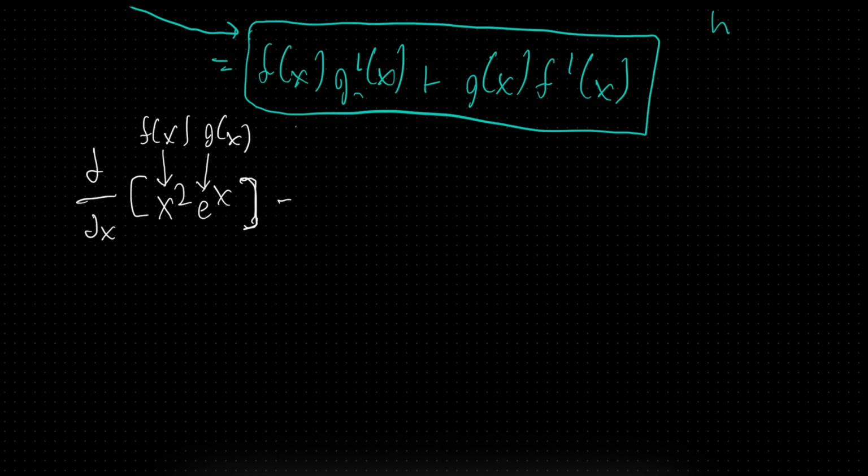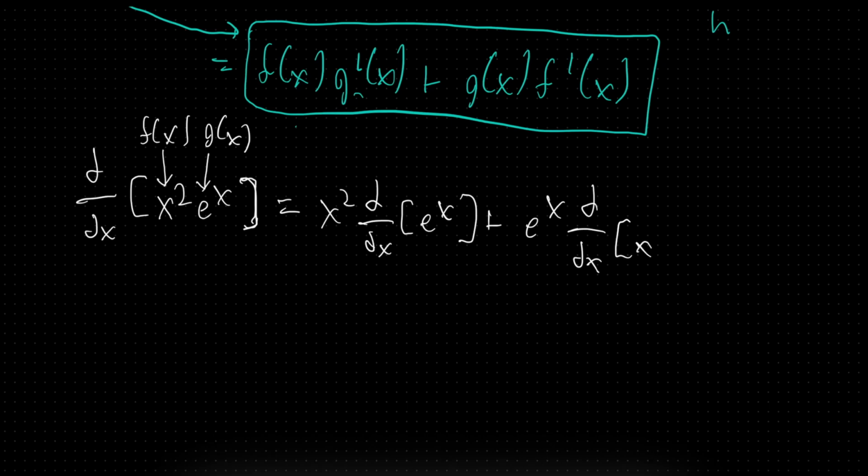And this would end up being equal to x squared times the derivative of e to the x, plus e to the x times the derivative of x squared. And we're left with x squared e to the x. The derivative of e to the x is just e to the x, plus e to the x times 2x.